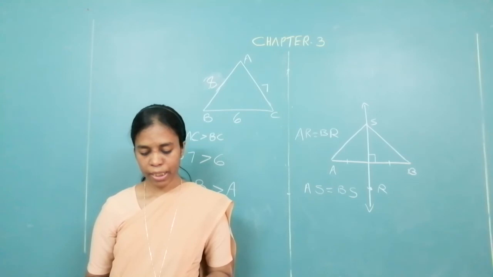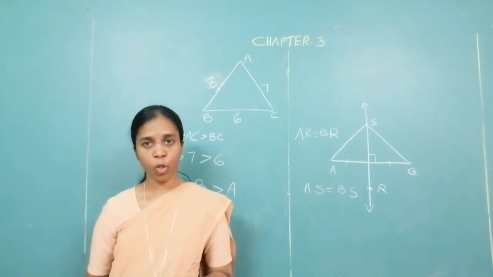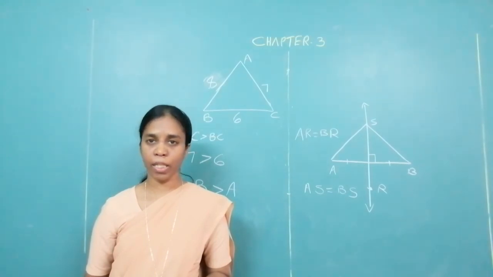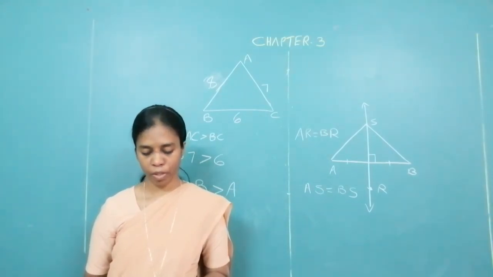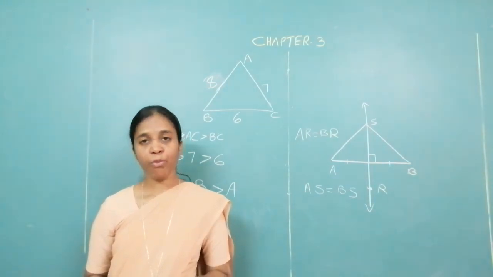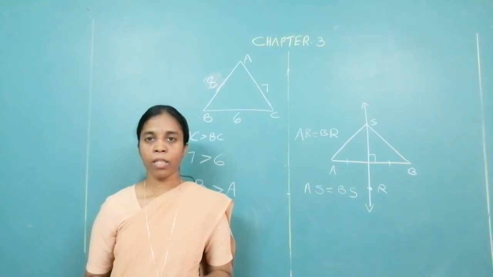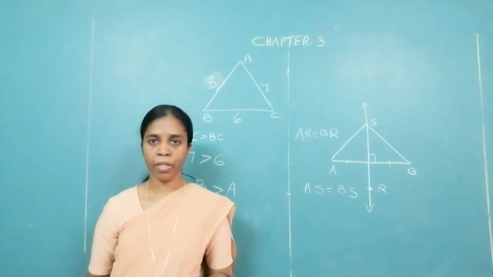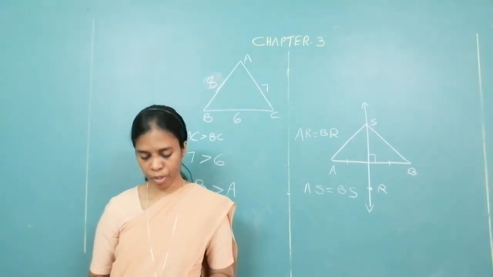In a 30, 60, 90 degree triangle, the side opposite to 30 degree is half of the hypotenuse. Next, in a 45, 45, 90 degree triangle, the length of base and height is half of the hypotenuse.